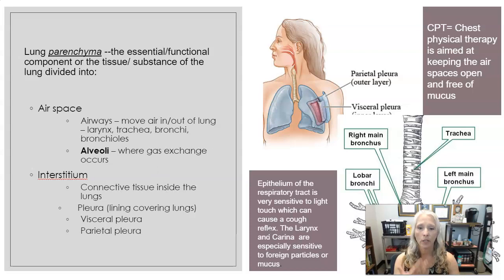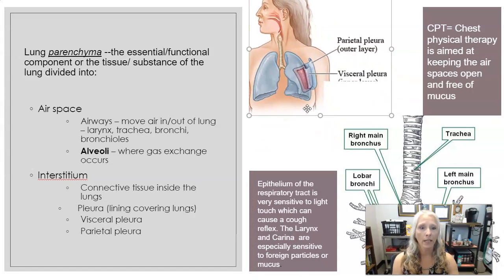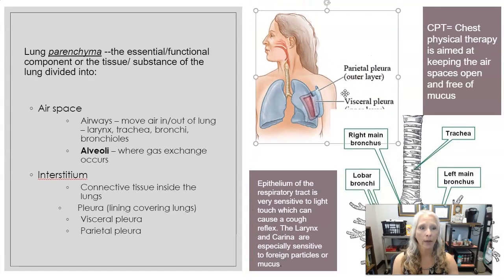The pleura, which is the lining or covering of the lungs, the pleural membranes. We have both an inside, a visceral pleura, which is the part that covers the inner lining of the lungs, and then we have the parietal pleura, which is the outside. Alveoli, we already mentioned, is where the gas exchange takes place.